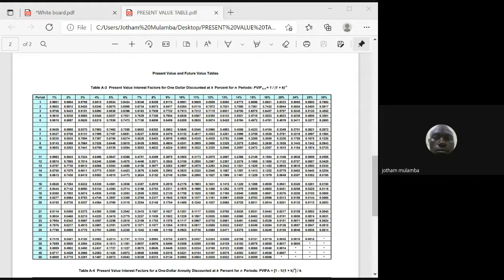The first classification is short-term sources. When you talk of short-term, these are the monies that we expect to use for a period less than 1 year. We are getting this money and utilizing it, and we have to repay it within a period of 1 year. So we don't have them for a very long period of time.